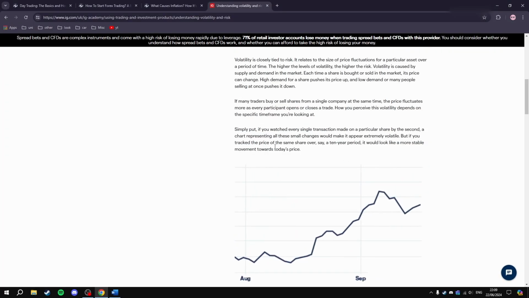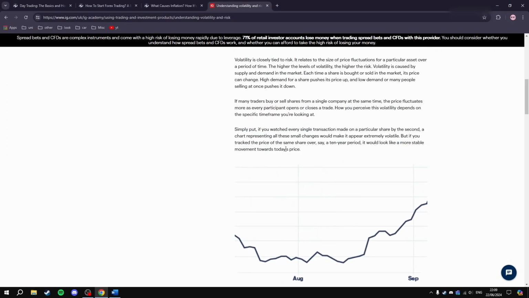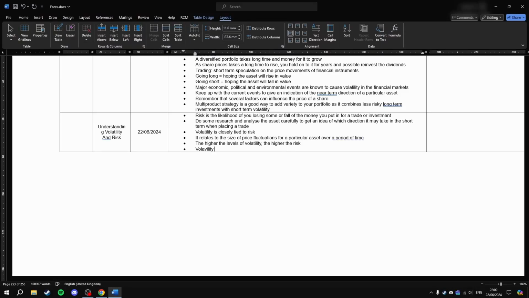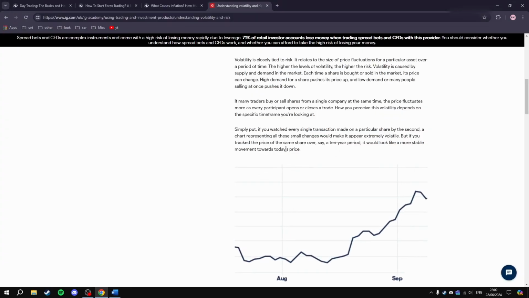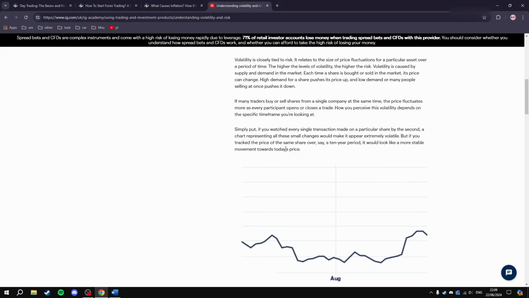Volatility is caused by supply and demand in the market. Each time a share is bought or sold in the market, its price can change.